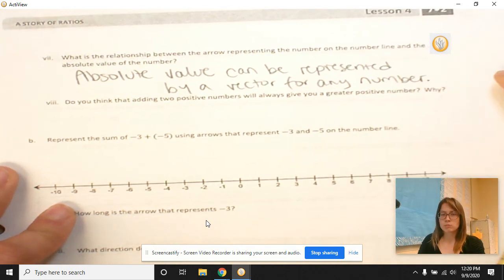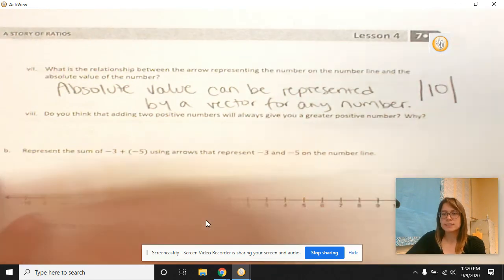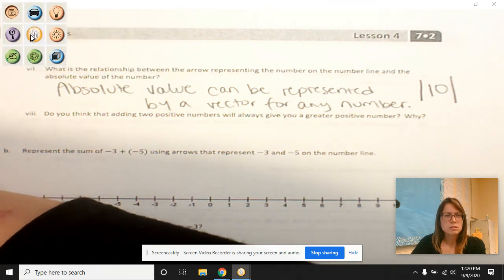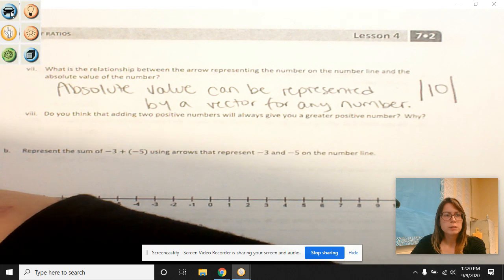If I wanted to represent the absolute value of 10, I would draw a vector that's 10 units long. Let me get this out of the way, and put it way up in the corner right there.